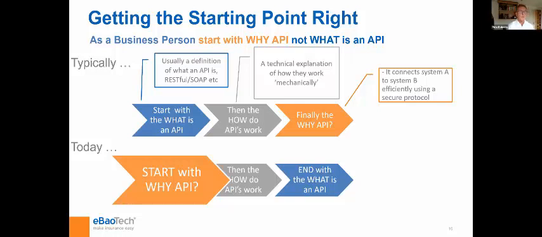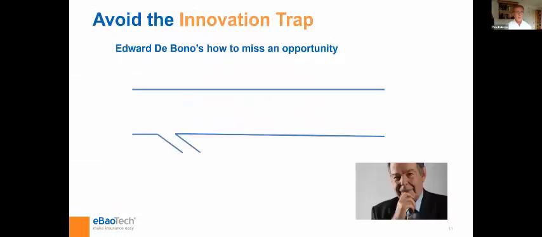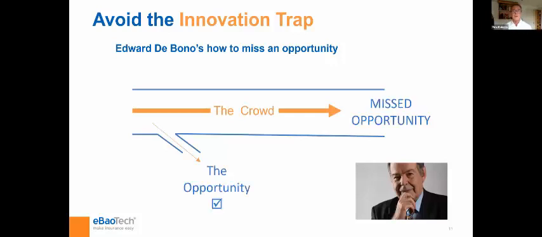Having got the starting point right, the next thing we recommend you look out for is what we call the innovation trap. We didn't discover it. This was so-called by Edward de Bono. And the concept behind it is that whenever there is a new technology, the crowd rush after it. They're not sure exactly how it's going to benefit the business, but they chase it. And because they're all in a group, they tend to miss the unique opportunities that are available to them.